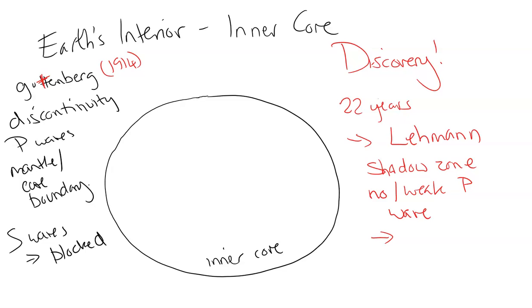But there were weak P waves within the shadow zone, from 104 degrees to 145 degrees.